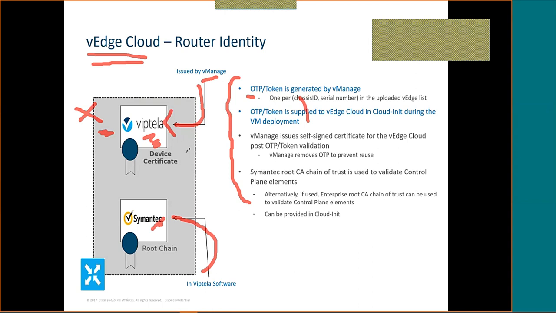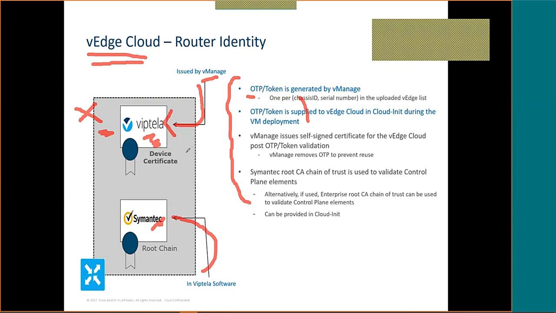We take the token and chassis ID, come back to the vEdge, and use the dynamically generated chassis ID and token when trying to connect to vManage. vManage then pushes the chassis ID and associated digital certificate. So vManage gives a certificate back to the vEdges by validating the OTP and the respective token, so that they can use their unique device certificate.